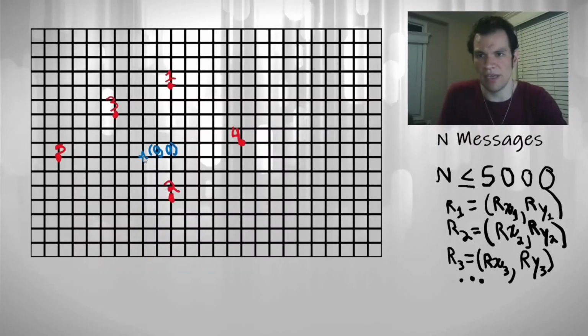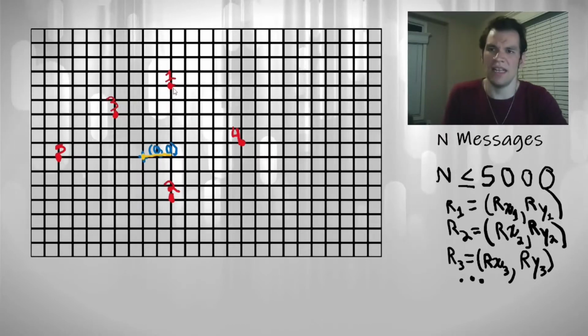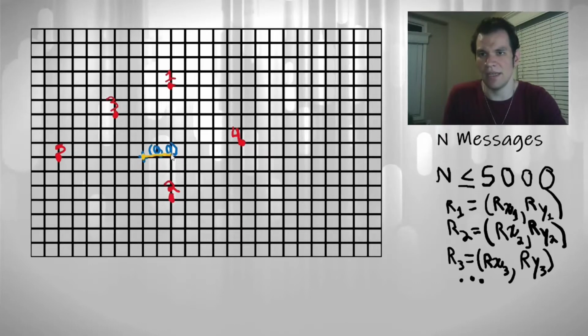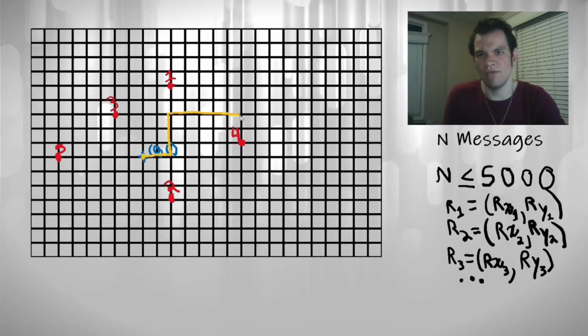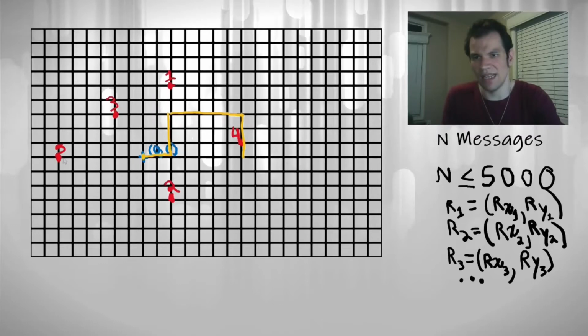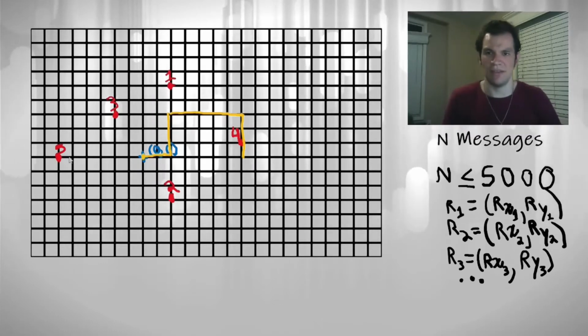For example, he could start here and then move here and deliver the first message, then deliver the second message here, then move to here and deliver another message here, move to here and deliver here another message, and then finally move to 5 and deliver the last message.